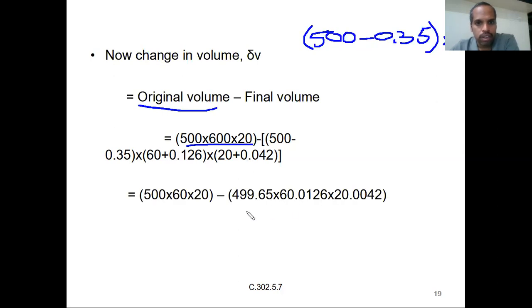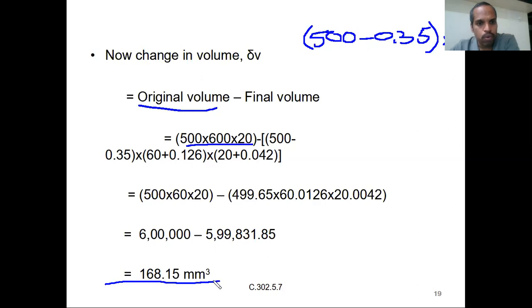Now you see how much the change in volume is, 168.15. Is the volume decreased or increased? The volume decreased. The net volume is decreased.